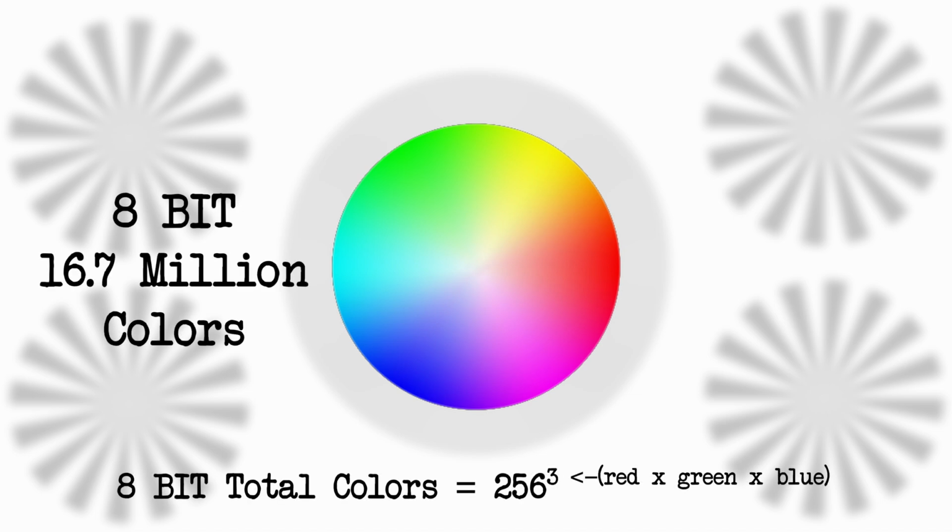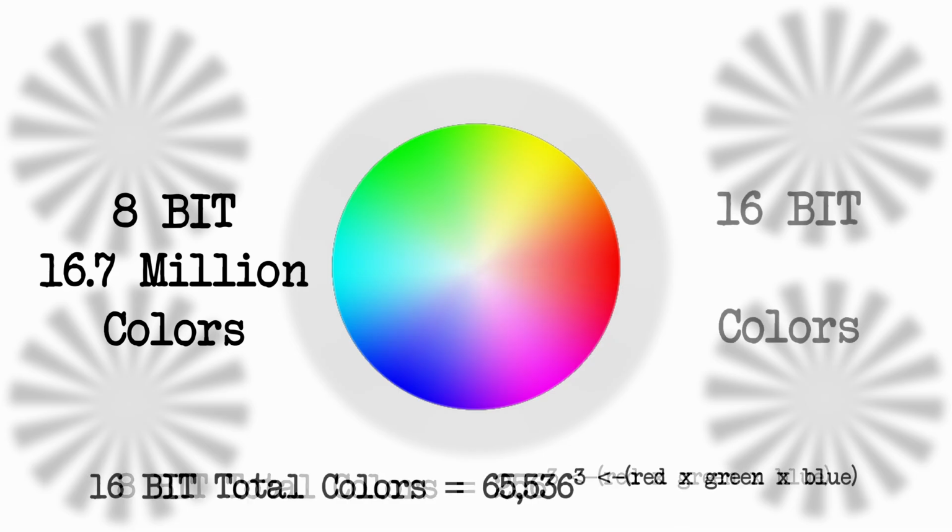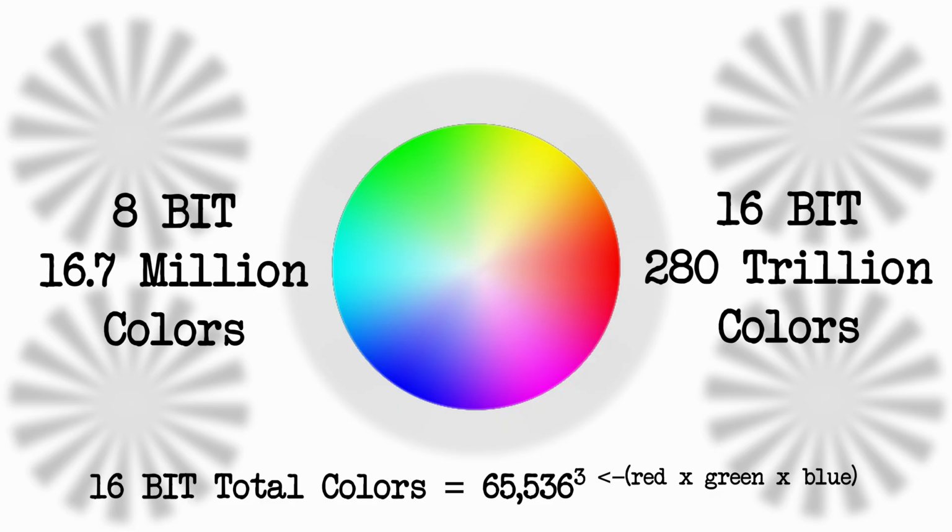Now remember, we're going to get our final color data by combining these various shades of red, green, and blue, so the total possibilities of the color spectrum is even greater. An 8-bit system has a color spectrum of around 16.7 million colors, which sounds huge, but when you look at a 16-bit system, it would have a color spectrum containing up to 280 trillion colors.